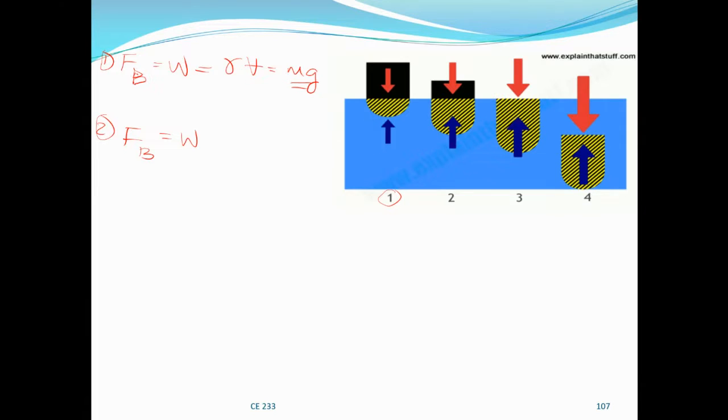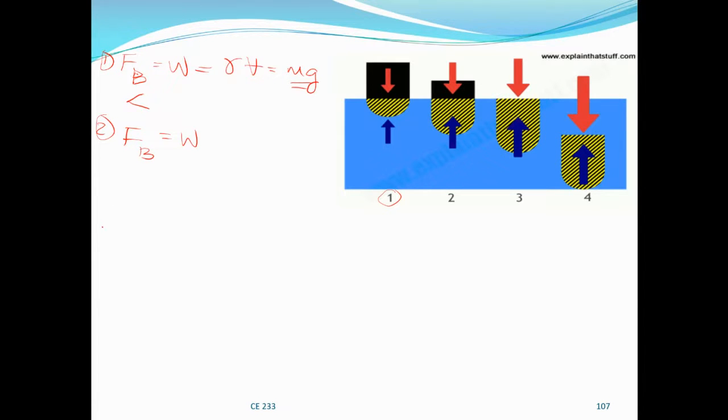But the buoyant force in the first instance is less than the buoyant force in the second case, because it is equal to the weight. When the weight increases, the buoyant force increases.